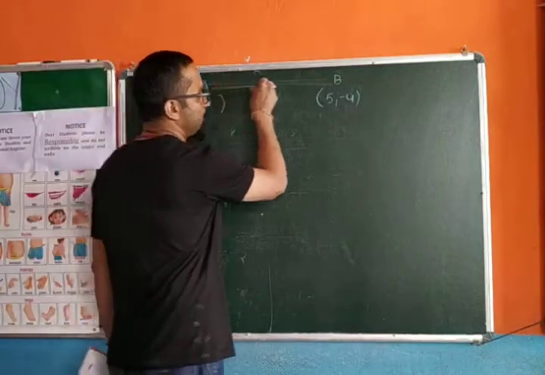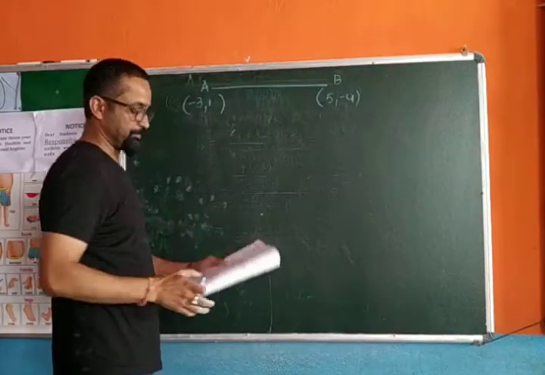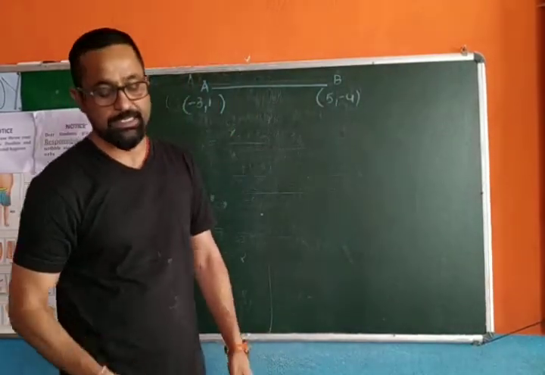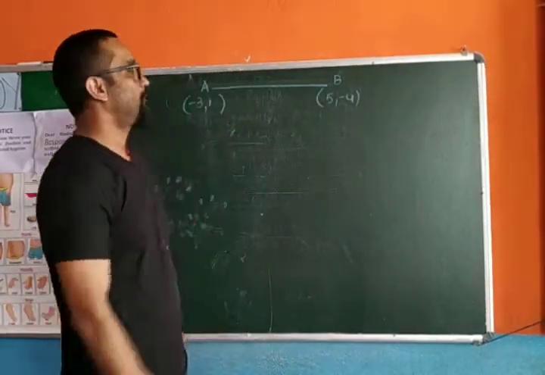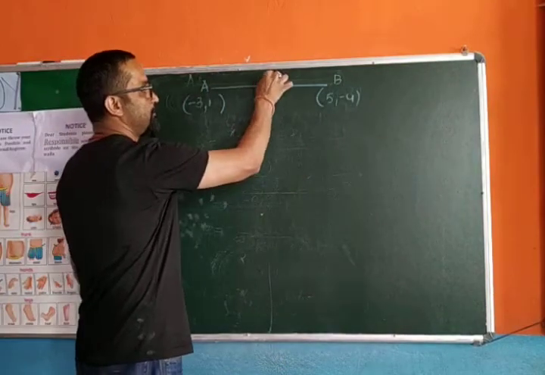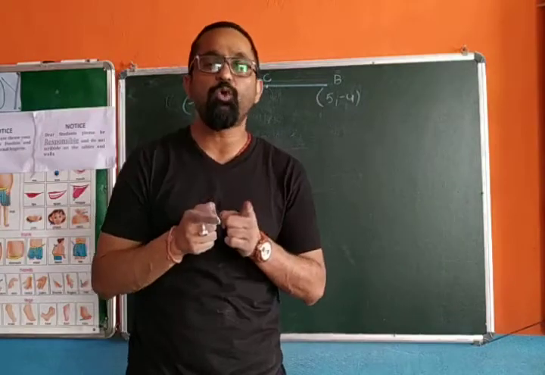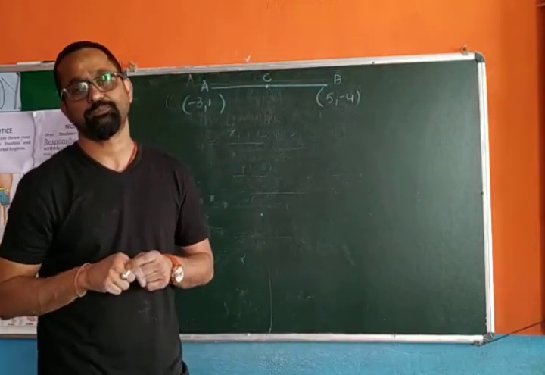You join it. Diameter of a circle whose center is C. Mark center C here.